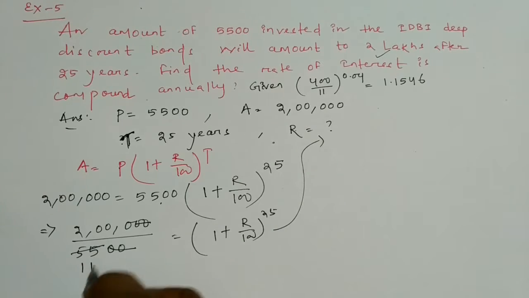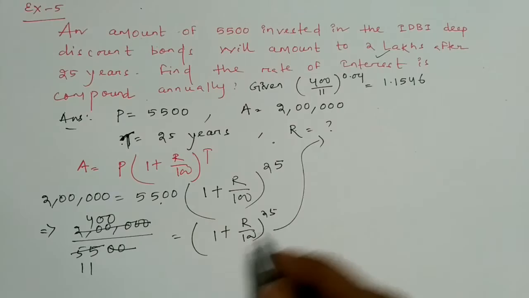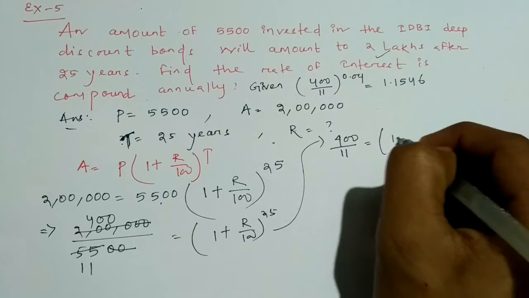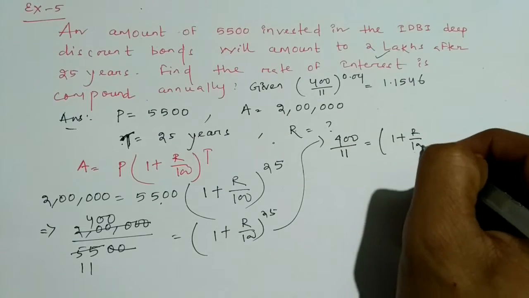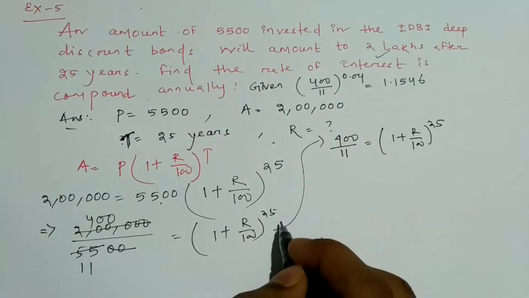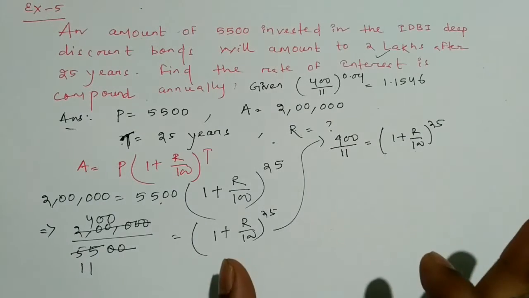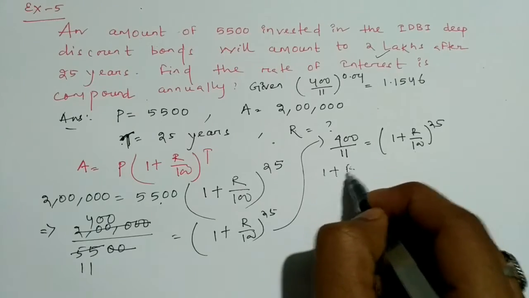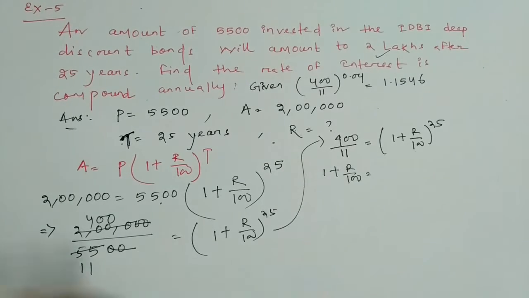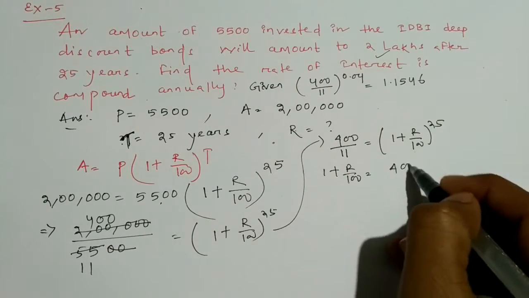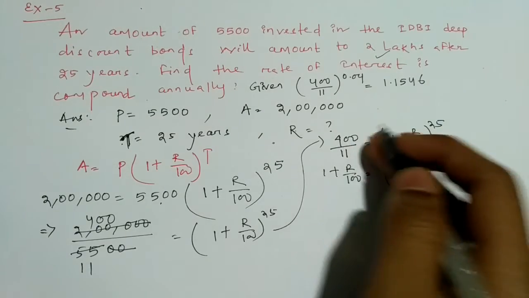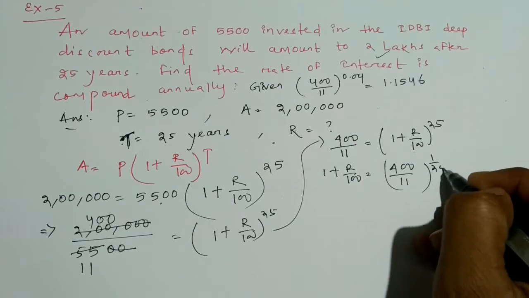Again 5 11s are 55, 5 4s are 20 and 2 zeros. So it will finally be 400 divided by 11 is equal to 1 plus r by 100 to the power 25. So friends, just attentively look at how this is solved. So 1 plus r by 100 will be 400 by 11, and the power 25 coming to this side will become 1 by 25.